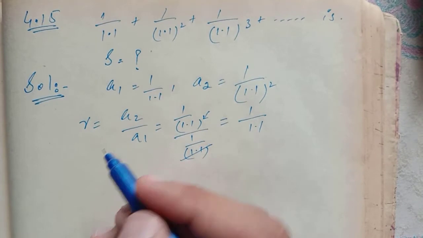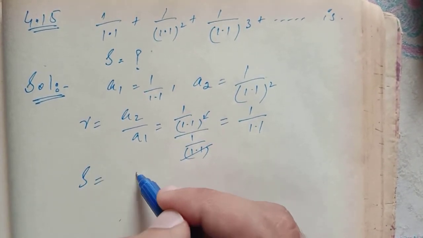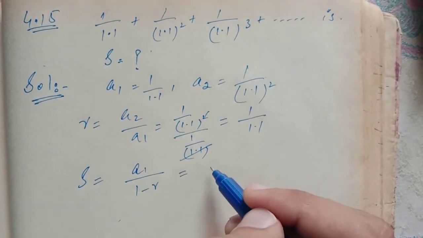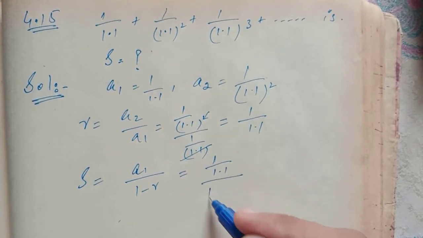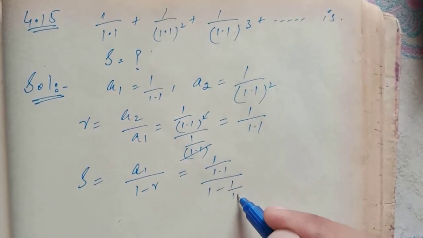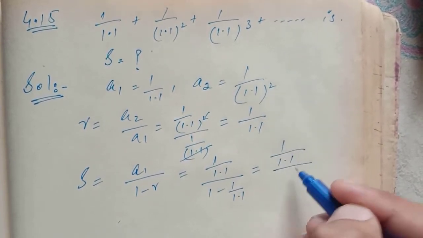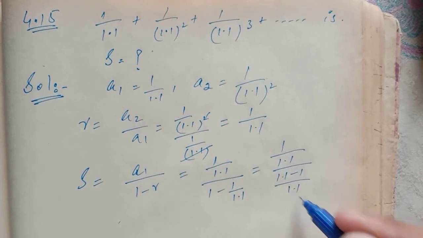Now 1.1 cancel with 1, so 1 divided by 1.1. R equal to 1 divided by 1.1, so S equal to A1 divided by 1 minus R. So A1 equal to 1 divided by 1.1 and 1 minus 1 divided by 1.1. So this equal to 1 divided by 1.1 and this equal to 1.1 minus 1 divided by 1.1.